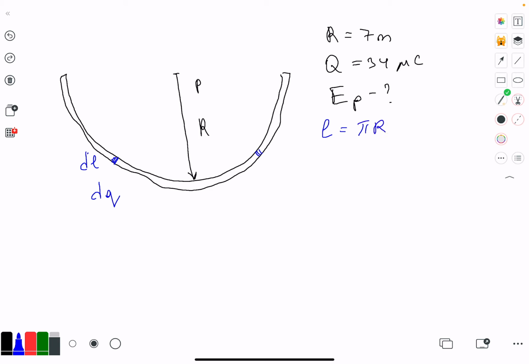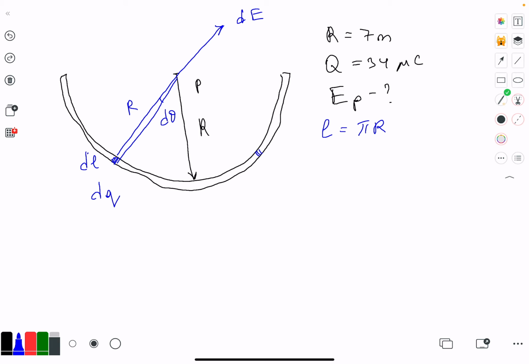This dq will create a very small electric field, which I call dE. It makes a very small angle, so this angle will be d theta, and this is r.